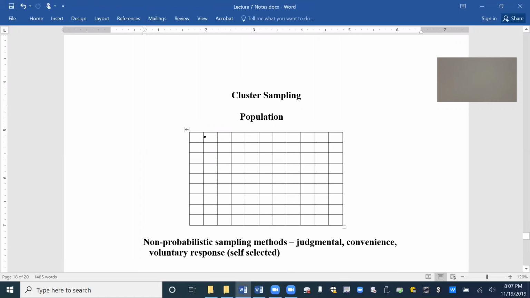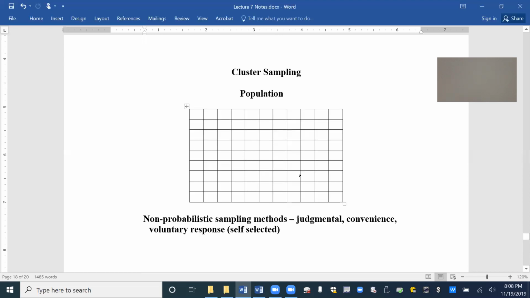It's just random groups. And then in a cluster sample, you go out and randomly pick the clusters you're going to study. So you'd pick 5 or 6 clusters you're going to go to, and then you randomly select people to be studied. Okay, that's our 4 sampling methods.